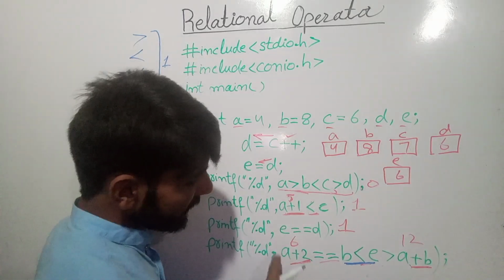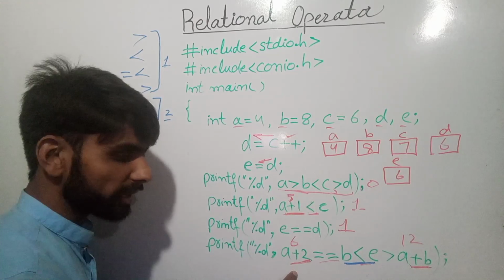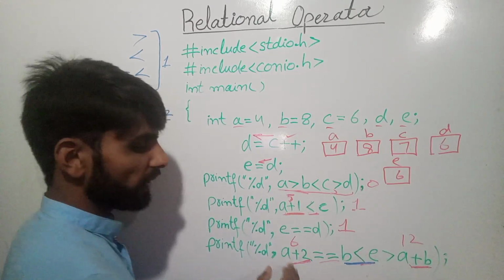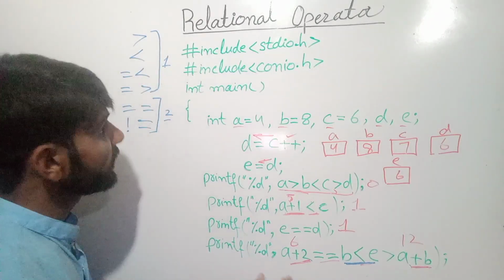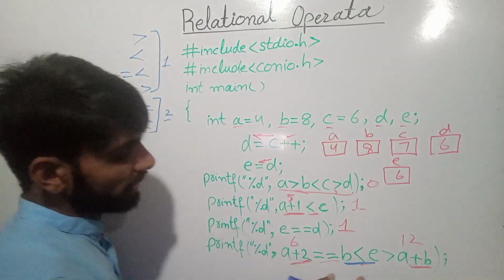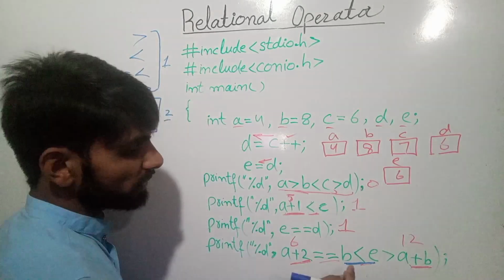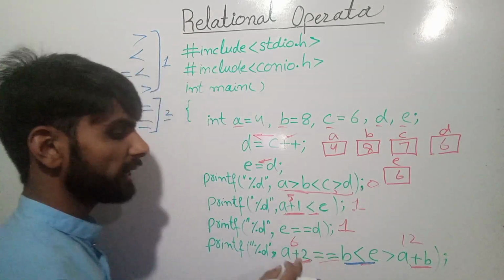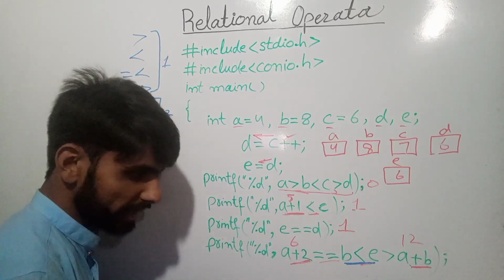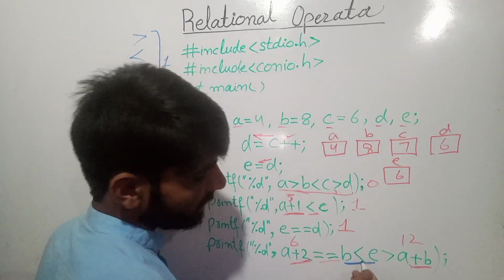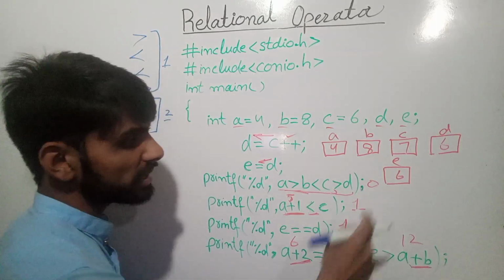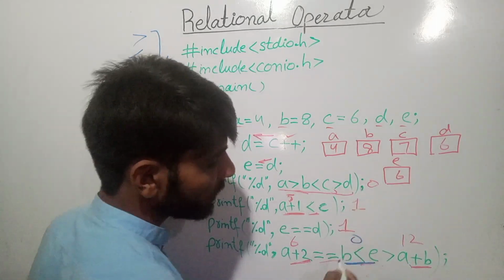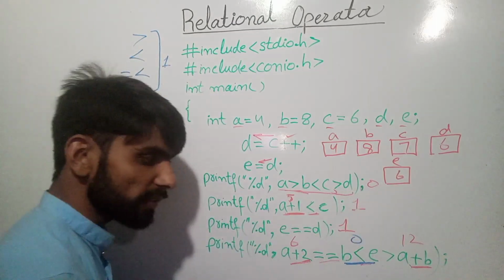In this case we first perform the arithmetic operator, that is plus. The second priority is less than or greater than in the relational operators. So b less than e: in this case we get 0 because the condition is false.